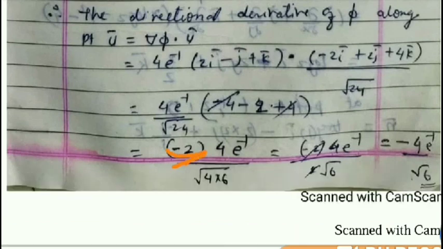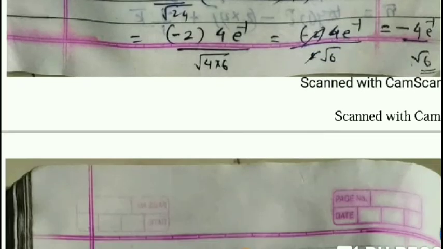Simplify it: under root 24 we can write under root 4 into 6, and the square root of 4 is 2, so the 2s cancel. So the final answer is minus 4 e to the power minus 1 upon root 6.